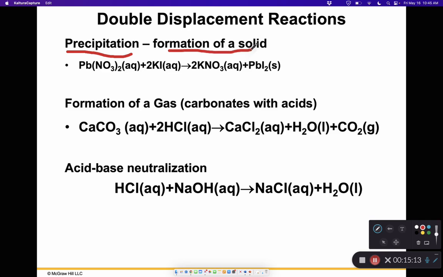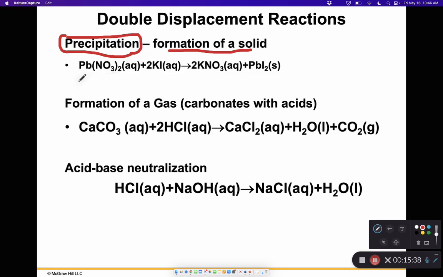If you mix two clear solutions and out of that comes a solid product, then we call it a precipitate. So precipitate is a term for the solid that results after the reaction of aqueous solutions.